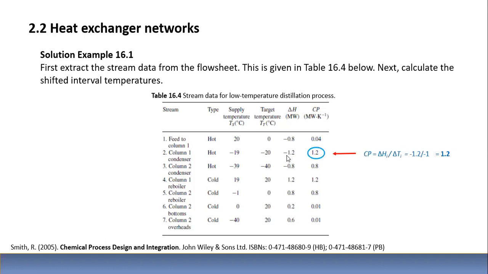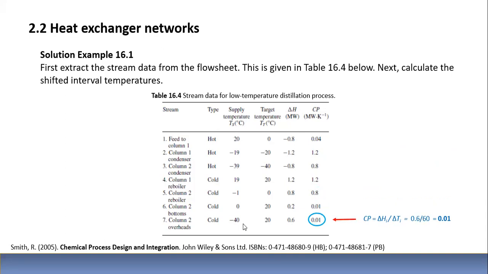And likewise, minus 1.2 divided by the difference, which is minus 1, is 1.2 positive. 0.8 divided by the difference, which is minus 1, is 0.8. Next one is 1.2 divided by the difference in temperature, which is 1 degree Celsius, which is 1.2. 0.8 divided by the difference in temperature, which is 1, is 0.8. 0.2 divided by the difference in temperature, which is 20, is 0.01.